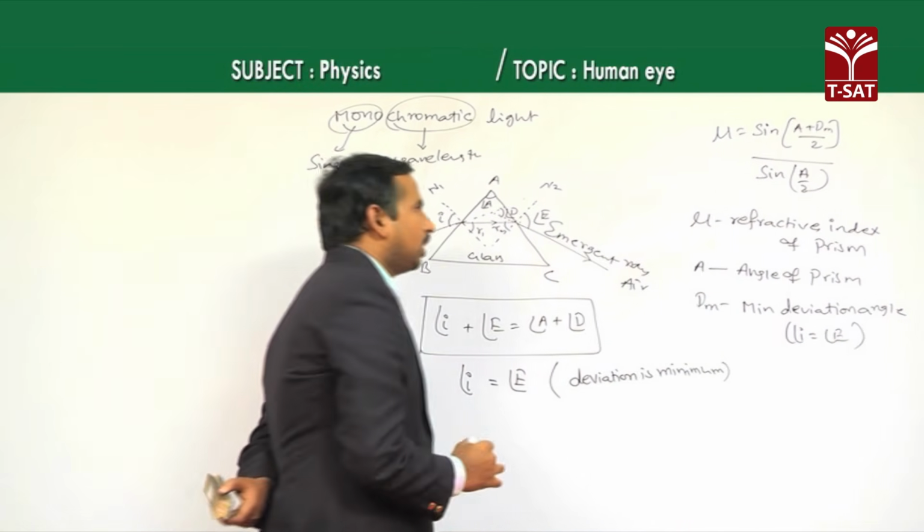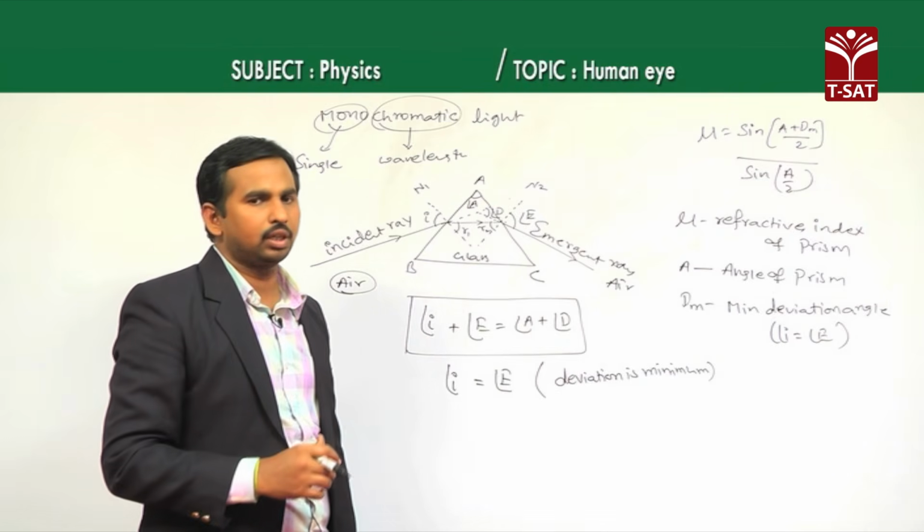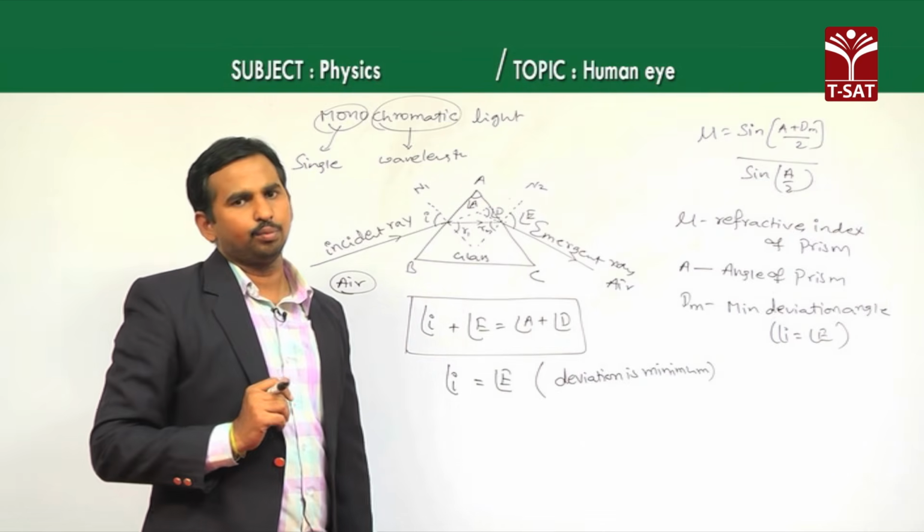This is the formula to find the refractive index of the glass prism by using the angle of minimum deviation.